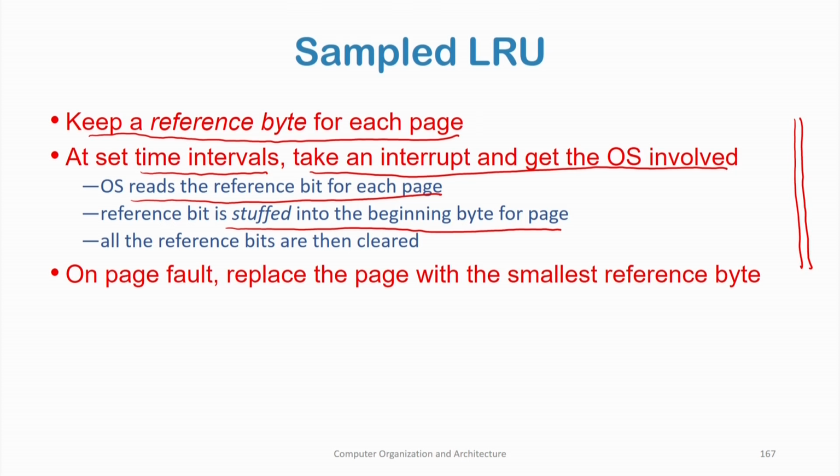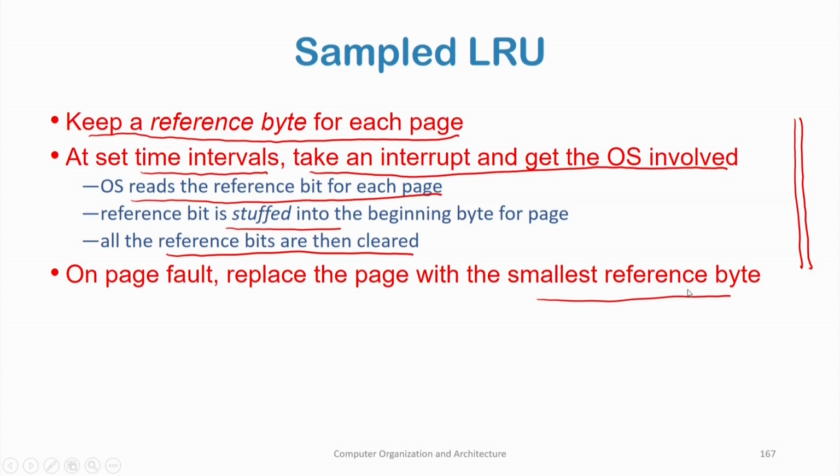This is very similar to the previous scheme, the only difference being that before setting all the reference bits of each page to 0, I copy the reference bits of each page and stuff them into the reference byte, and then on a page fault I replace the page with the smallest reference byte.